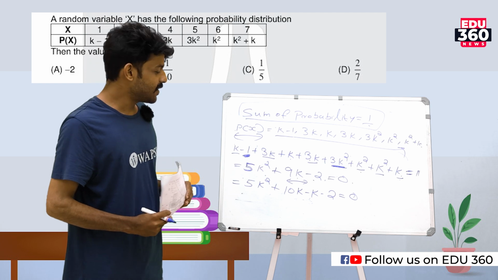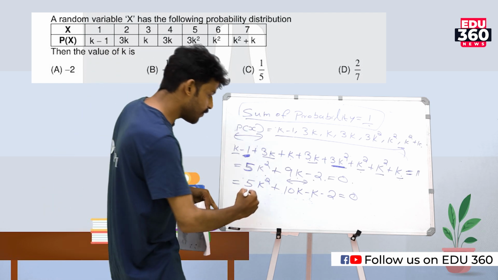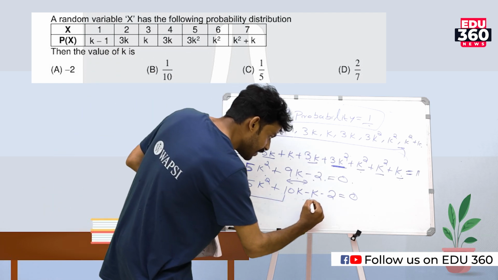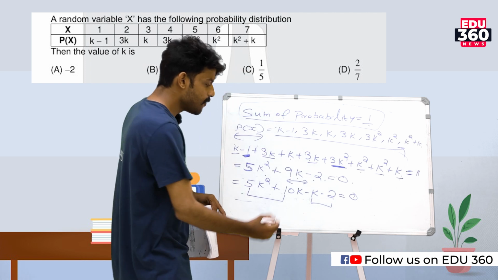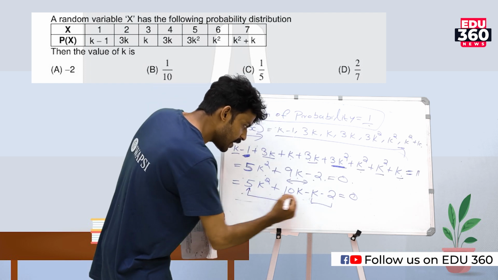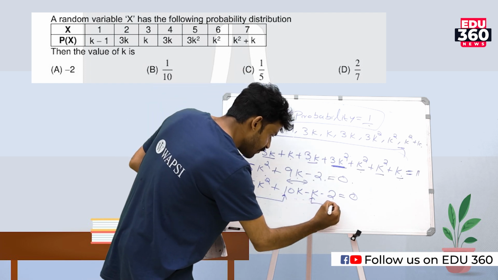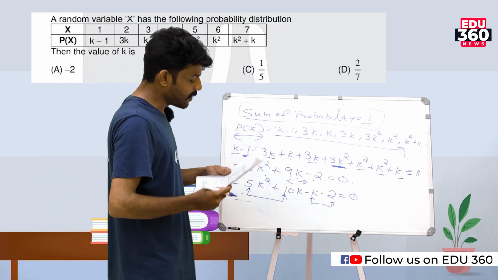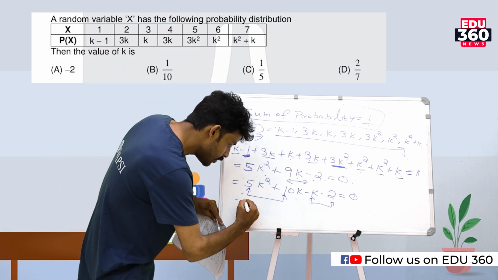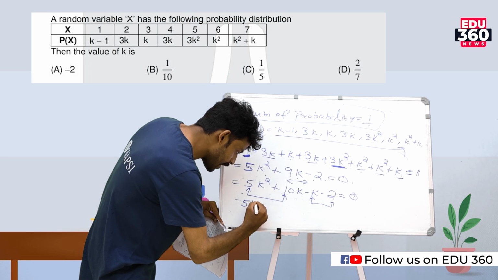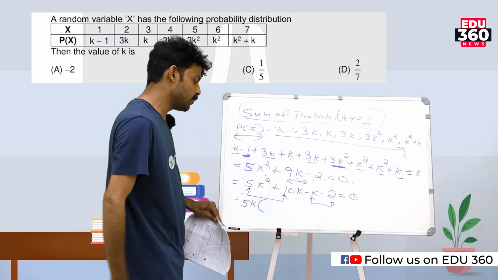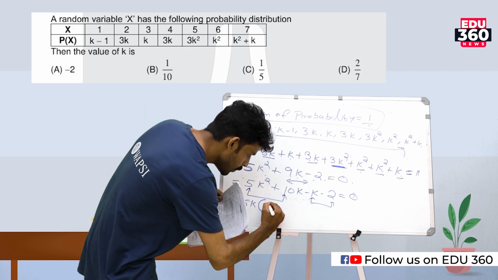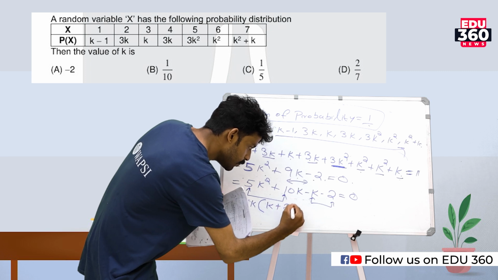So in the next step, we can consider the first two terms and the next two terms. From the first two terms, 5k square and 10k, 5k is common here, isn't it? So we can take 5k outside, so 5k into k plus 2.